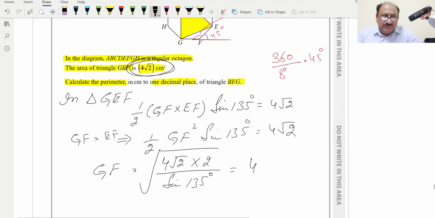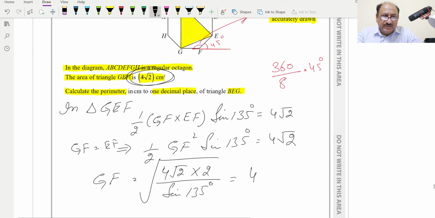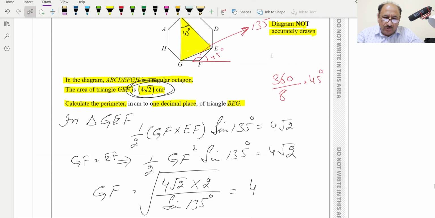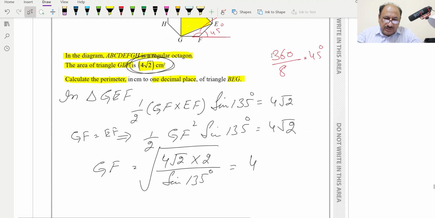Now we can find the GE value also, and we can utilize this angle, which is 135 degrees. So how can we find GE? We can use the cosine rule on the same triangle.